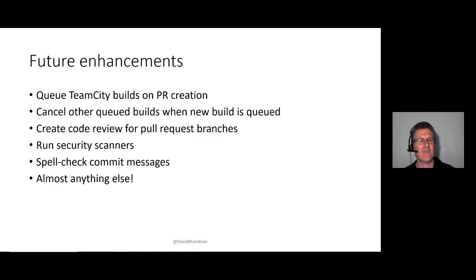We also might want to be a bit smarter about, rather than just queuing new builds all the time, making sure that we cancel old builds when a new push is made to a pull request, because why do we bother letting an old build run when we've got a new one that we're waiting for? The old one's just taking up a build agent.